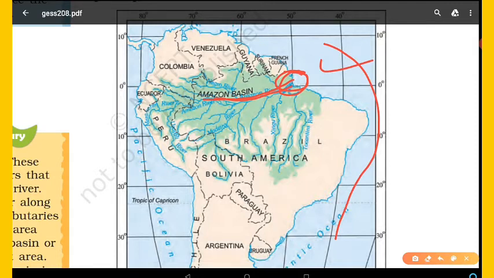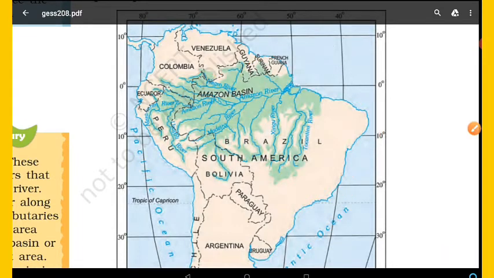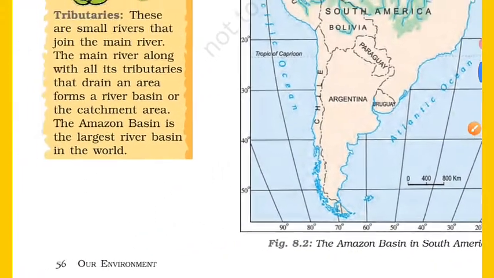So in this way it is called a river mouth, and this is the Amazon Basin with its tributaries passing through Ecuador, Colombia, Peru and Brazil, and some parts of Guyana, right, and a little southern part of Venezuela. So with the help of this map we can understand the location of the Amazon Basin.